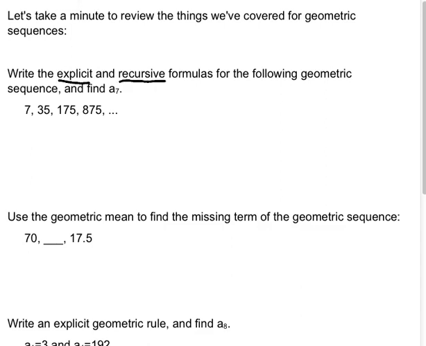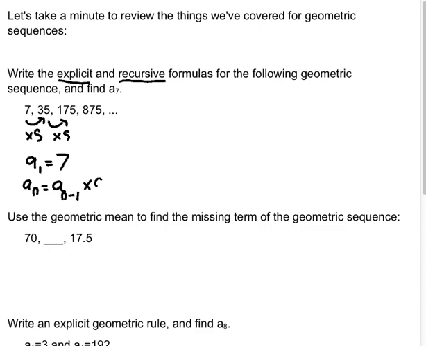So remember, recursively, we're going to be seeing that we're multiplying by 5 each time. So recursively, we have to start with that first term. Remember, that's the key to recursive things. Label out your first term, then every future term is based on what do I do to my previous term.